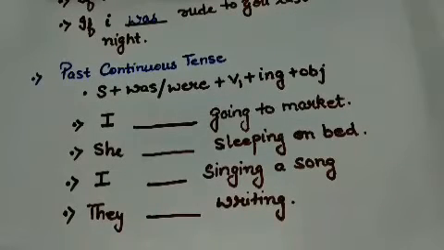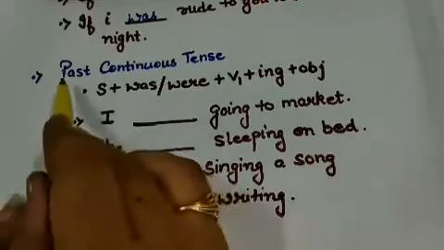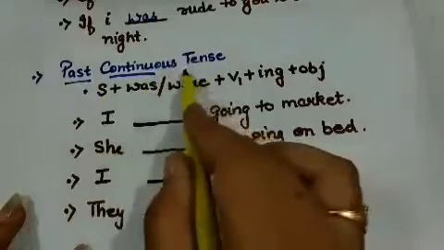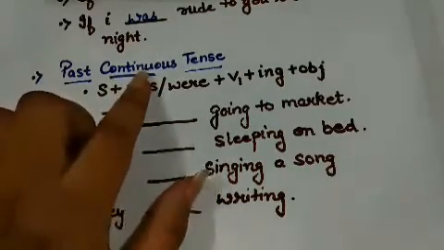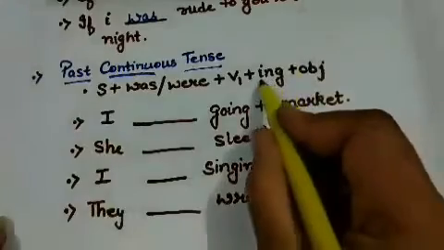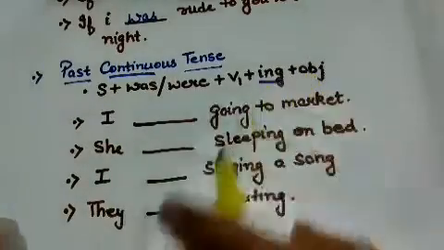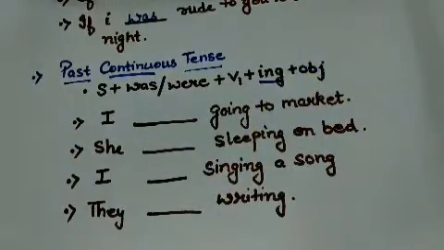Now the next and the most important area where we can use was and were is past continuous tense. The first thing which comes in the mind of us when we use continuous is ing, right, which denotes the continuity.